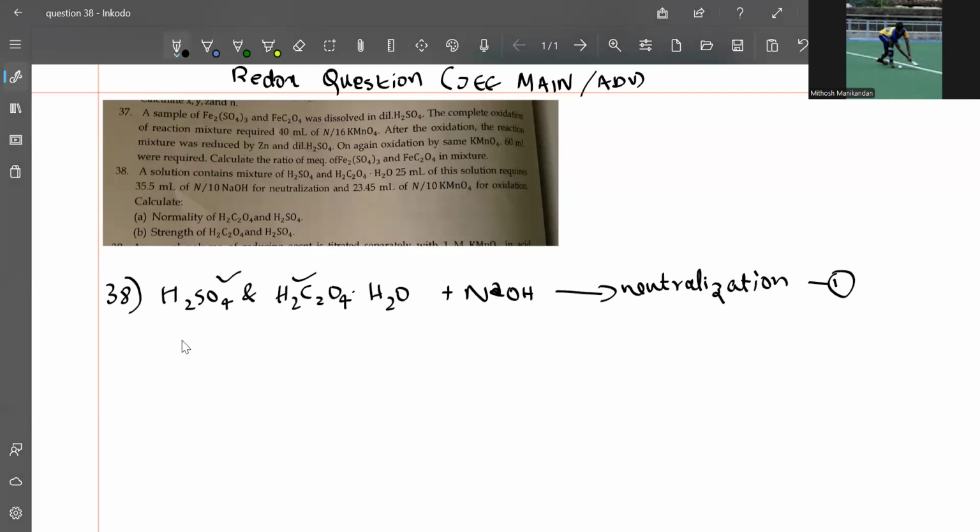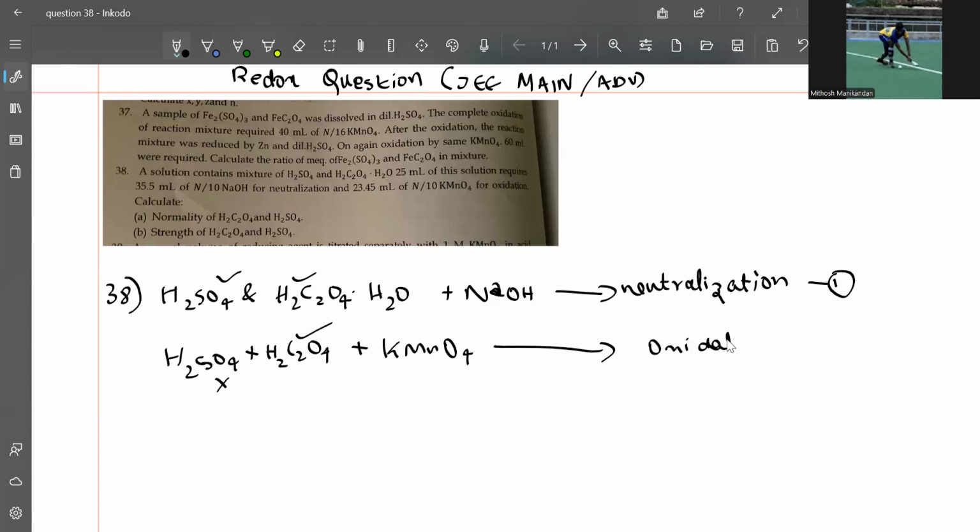So out of H2SO4 plus H2C2O4, let's suppose I add KMnO4. Since this is acidic, only this will undergo oxidation. This will not undergo oxidation. So this is the second case.